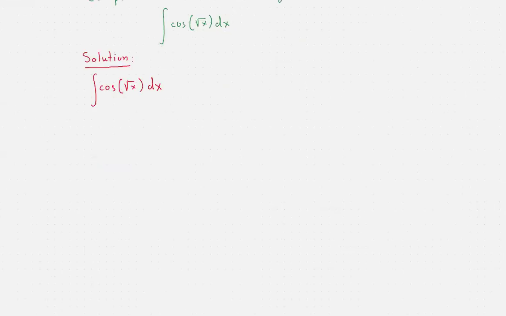In any case, what needs to be done is we need to make a substitution first. And the substitution is going to simply be u is equal to square root of x. That in general might be a substitution that we could be skeptical about whether it can be carried out or not.